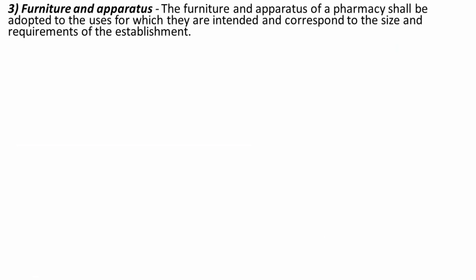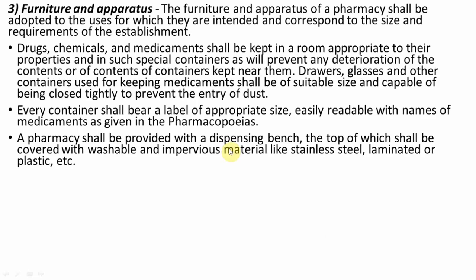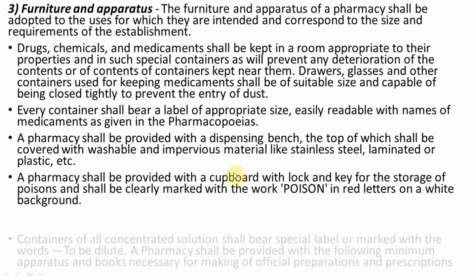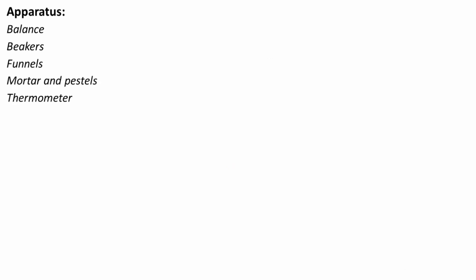A pharmacy shall be provided with a dispensing bench, the top of which shall be covered with washable and impervious material like stainless steel, laminated or plastics. Apparatus: balance, beakers, funnels, mortar and pestles, thermometer, water bath, then pipettes.